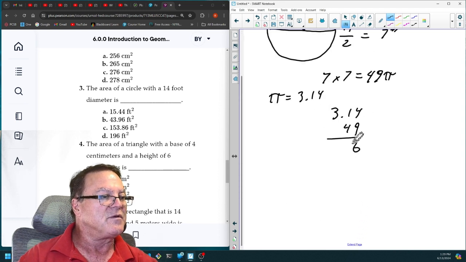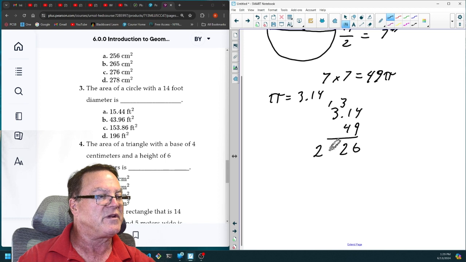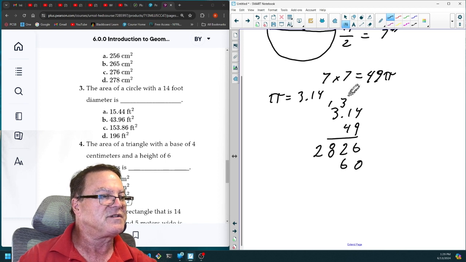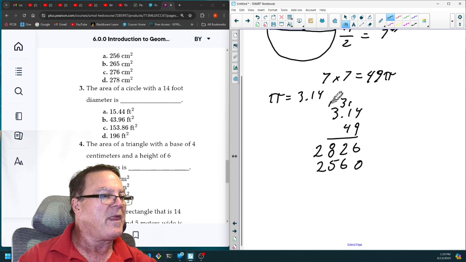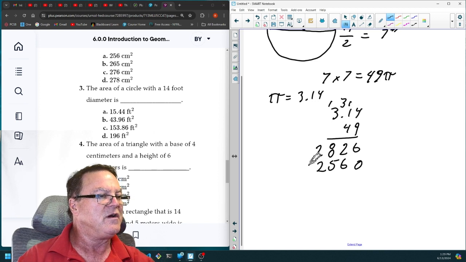9 times 4 is 36. 9 times 1 is 9, and 3 is 12. 9 times 3 is 27, and 1 is 28. And 4 times 4 is 16. 4 and 1 is 5. 4 times 3 is 12. And 1 is 13. 16. 4 times 5. 4 times 3 is 12.